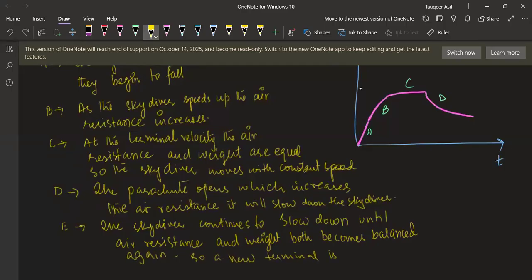Terminal velocity is achieved, right? So it will continue to decrease, and then it moves with the same speed, okay? With the same speed, and then comes back to the ground.